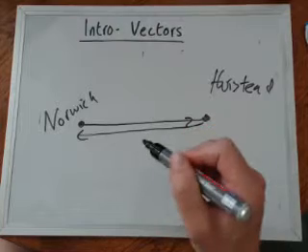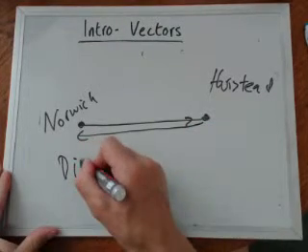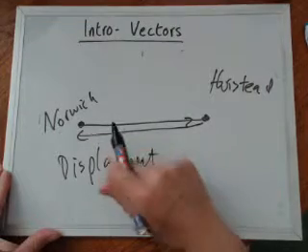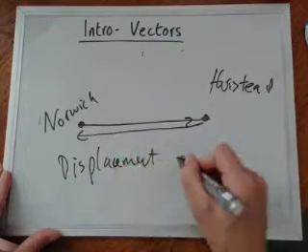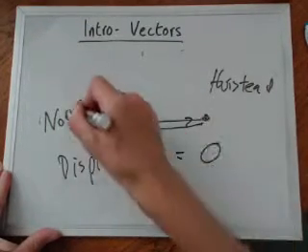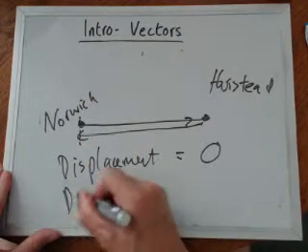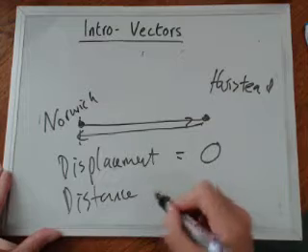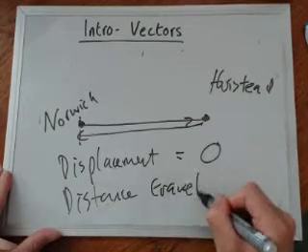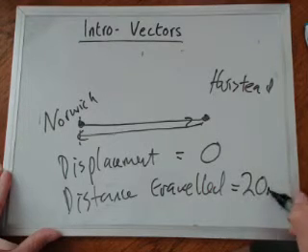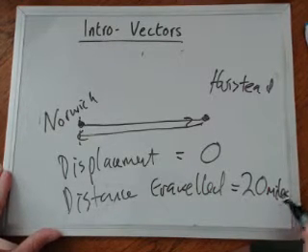In that case here, the total displacement would be equal to 0 because you come back where you started again. So displacement is 0, but the distance travelled would be, so 10 there, 10 back, would be 20 miles.